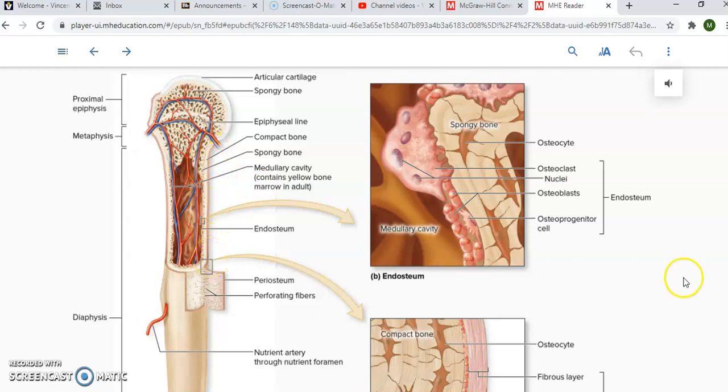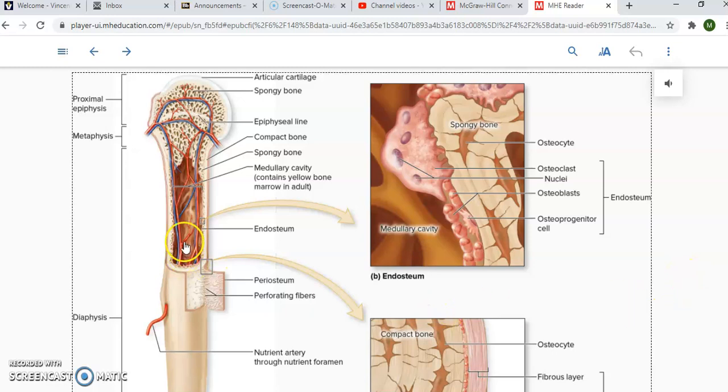So we have periosteum on the outside of the bone, covering the compact bone. Now we do remember we have that channel or open space that runs down the diaphysis, the medullary cavity, and we have bone tissue around that cavity. So we have a connective tissue called endosteum.